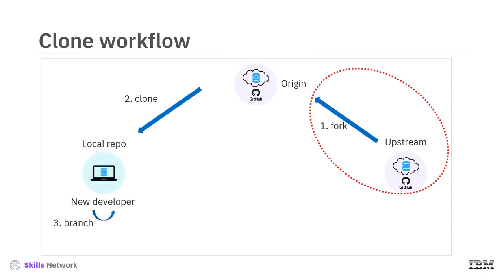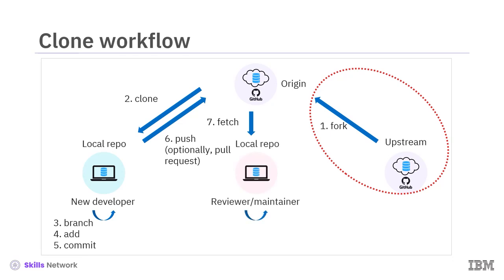Then, the new developer creates a new branch, makes changes, and saves them using add and commit operations. After that, they push the new branch to the origin to get their changes reviewed. A reviewer or maintainer uses the git fetch or git pull command to get the latest copy of the repo and the git diff command to help identify and compare the changes in the branch.